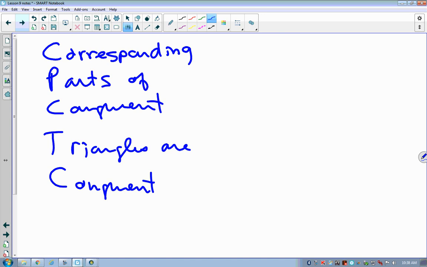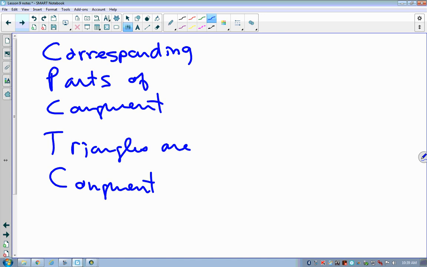But I cannot ever, under any circumstances, use this before I have stated that the two triangles are congruent. Do you understand? Because this says they are congruent, therefore these parts are congruent. I can't say these parts are congruent if I don't know that the two figures are congruent. It will be wrong every single time if you use this too early. Okay? Does that make sense?